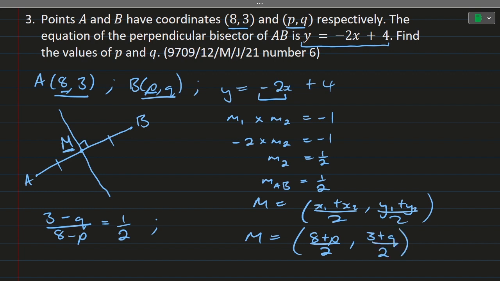So from our diagram here, we can tell that our midpoint m lies on the equation of the perpendicular bisector. So since we have the coordinates of m in terms of p and q, we can actually substitute them into the equation of the perpendicular bisector, and we will get an equation in terms of p and q.